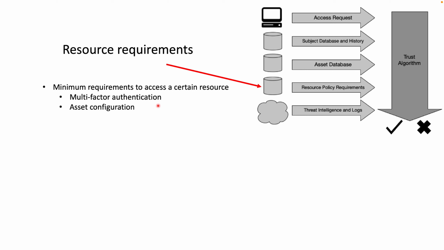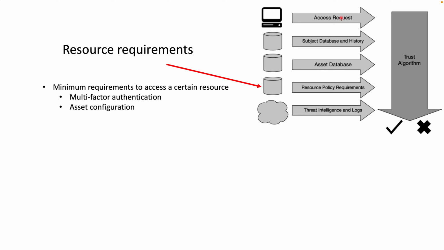A subject needs to finish the multi-factor authentication to be granted access. Or it could be a requirement of asset configuration. So my understanding of resource requirements is that it's a supplement to the first three inputs.